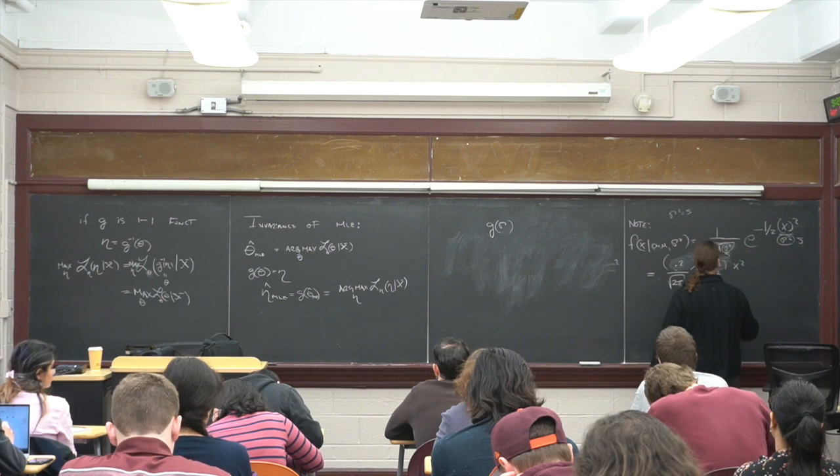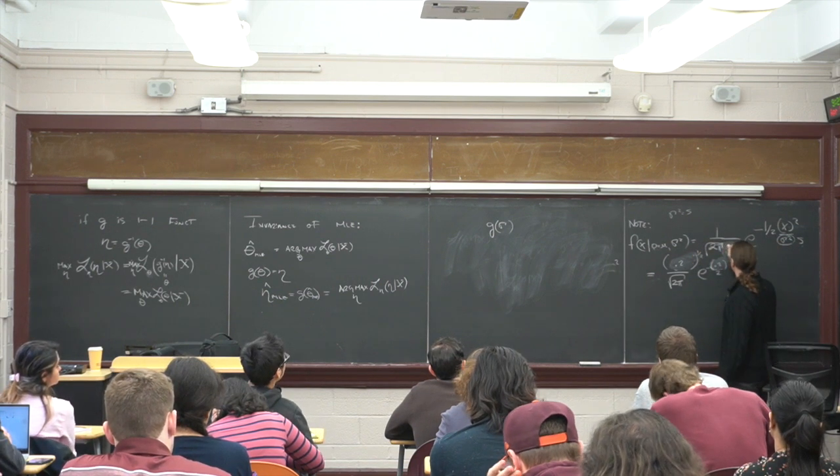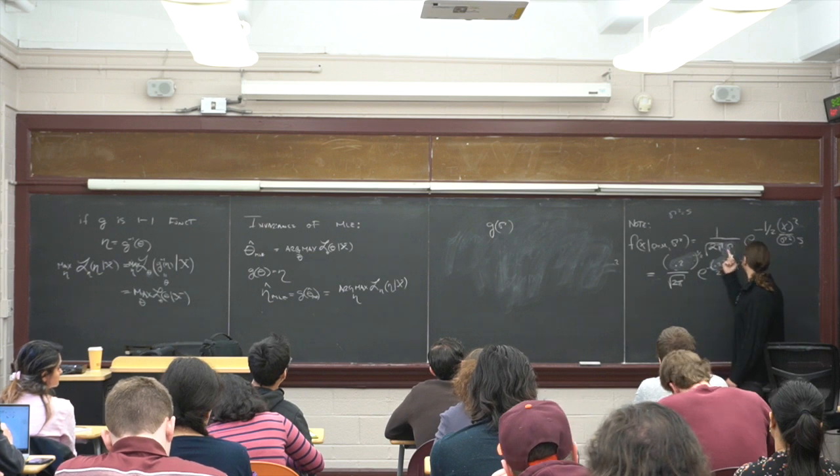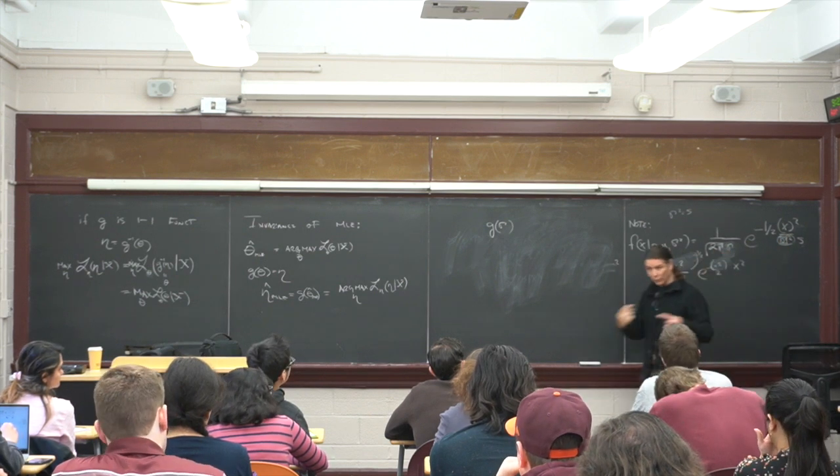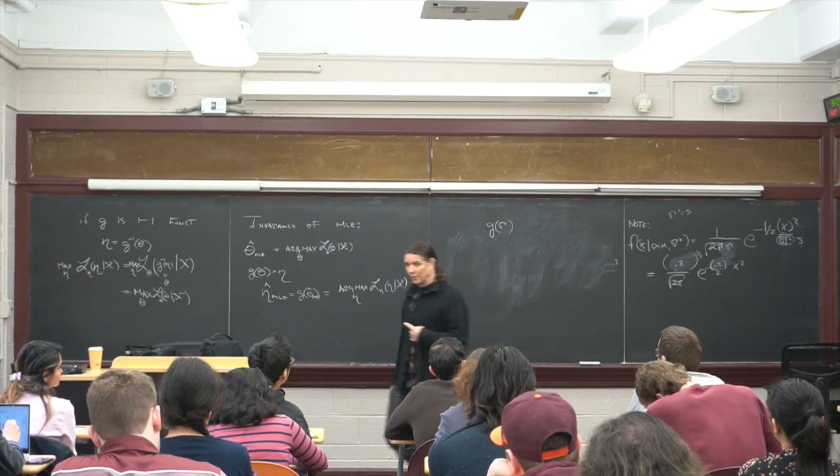So if I rewrote this equation like this, I'd have some sigma to play around with, and I could kind of spin that sigma around until I optimize the function.